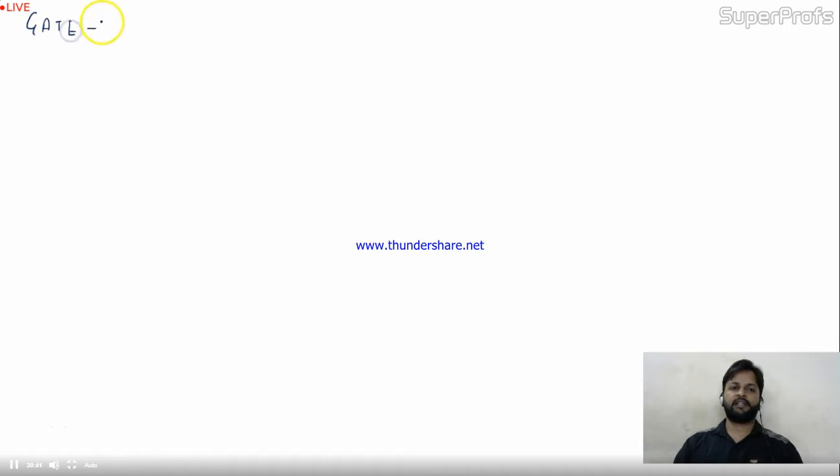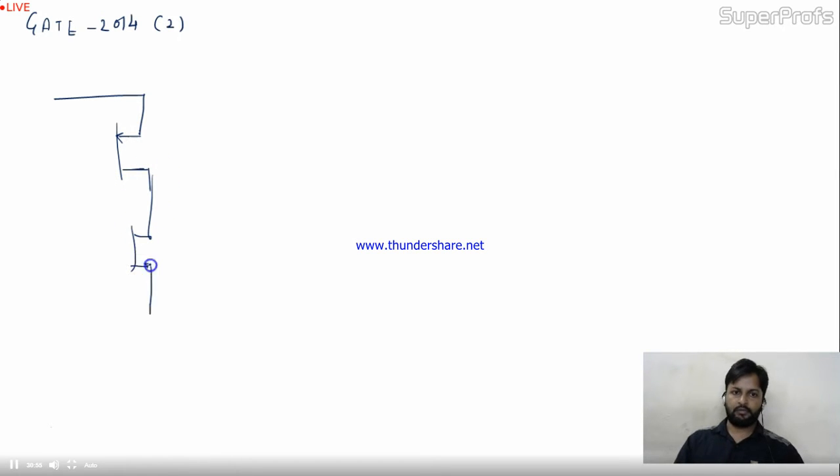The problem is a GATE 2014 problem, 2 marks. And the problem figure is, let me draw the figure first. This is minus 5 volt, okay? This is incoming and this is outgoing, like this situation is.